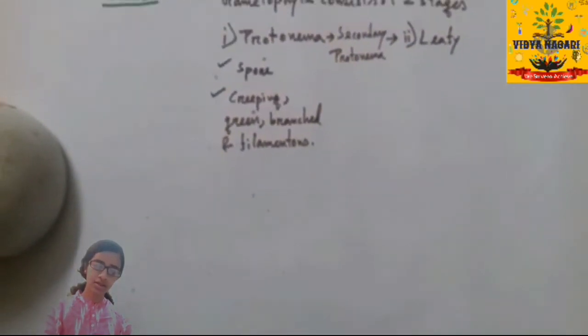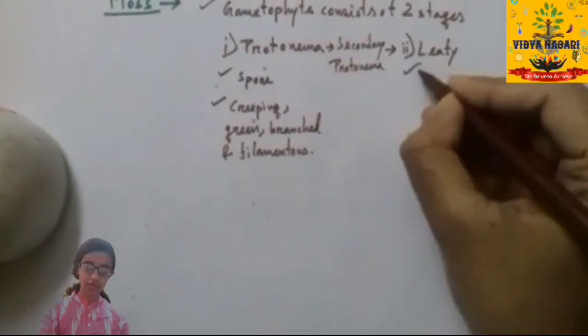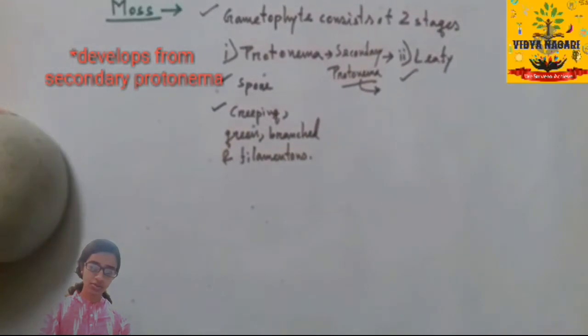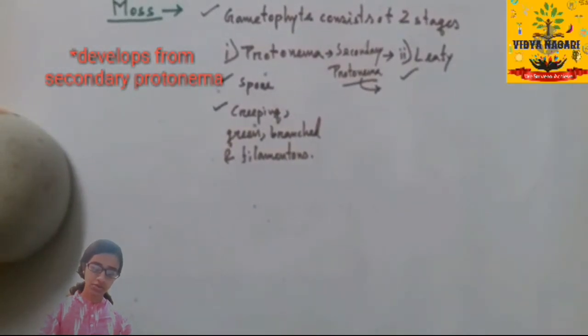And this leafy stage develops from the secondary protonema.